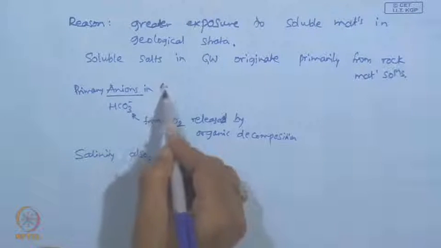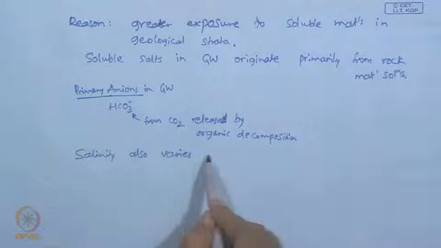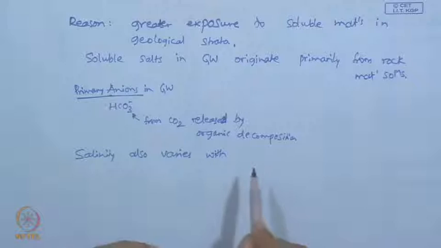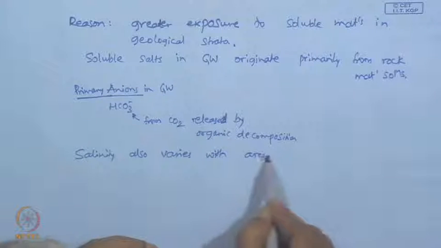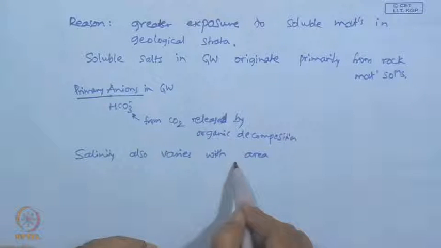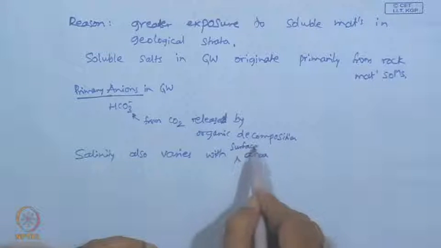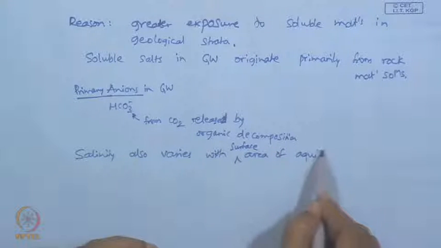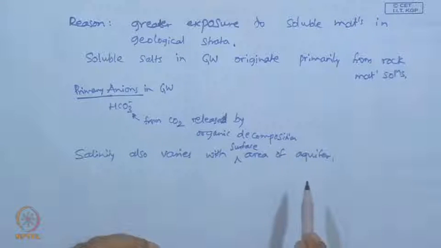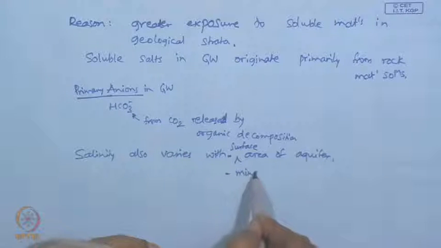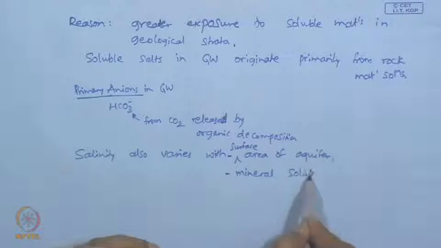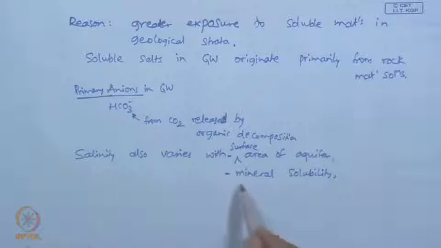Primary anions in groundwater are HCO3, and salinity also varies with the surface area of the aquifer, solubility of minerals, and obviously the contact time.